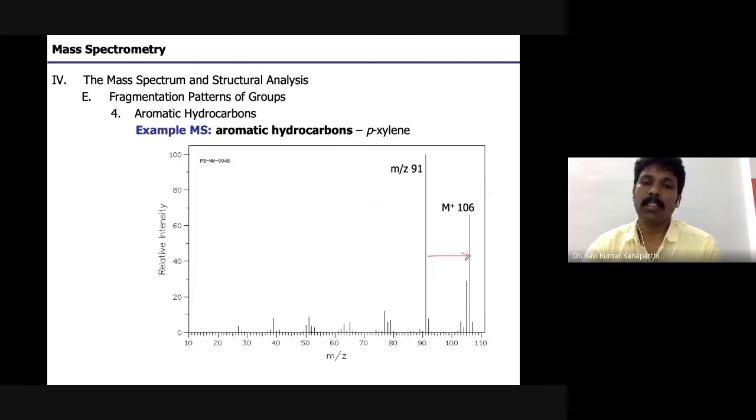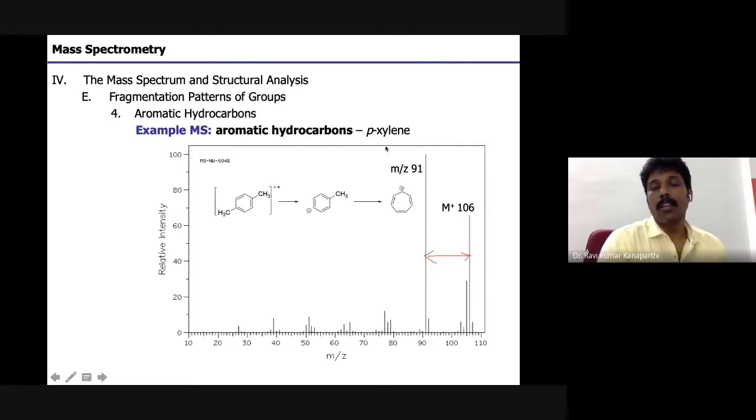So if the paraxylene loses one methyl radical, we will get a very stable tropylium carbocation. This is the mechanism for that.